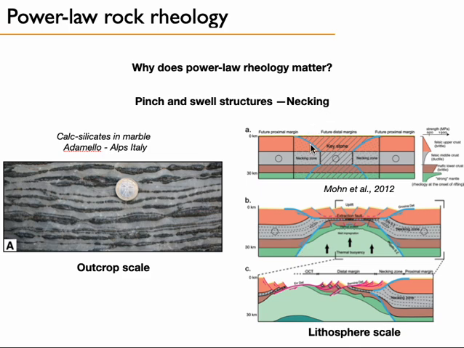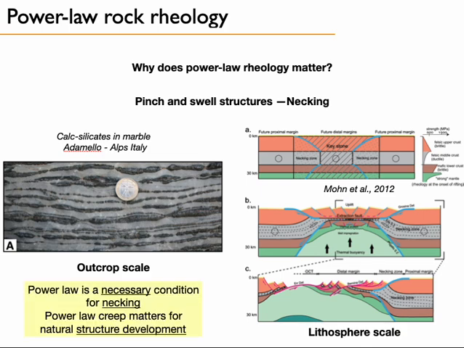So you have different layers in the crust and in the lithosphere with different strength. And when you stretch the lithosphere to open the rift, you can develop necking structures. So at the lithosphere scale, the process of necking is also important because it shapes passive margins. So power law is a necessary condition for necking. Thus, power law creep matters for natural structure development from the outcrop scale to the lithosphere scale.